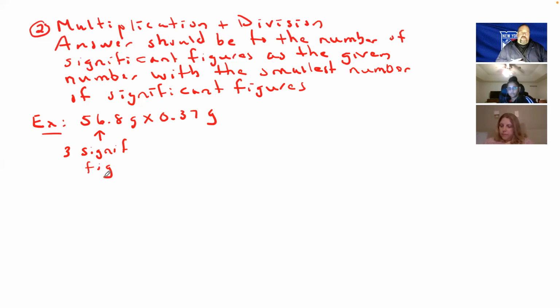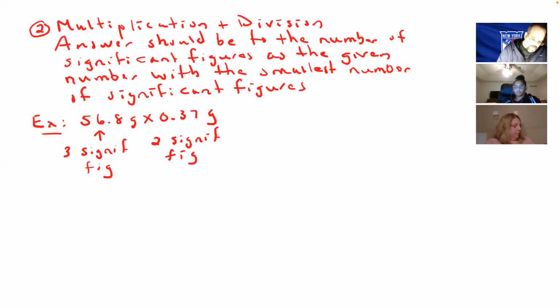The second number only has 2 significant figures. The 3 and the 7 there are significant, but the 0 is not. Why is the 0 not significant? The reason the 0 is not significant is because it occurs before the first non-zero digit.